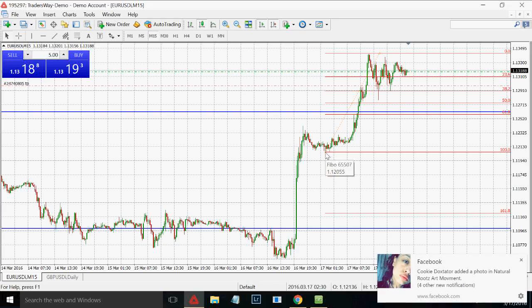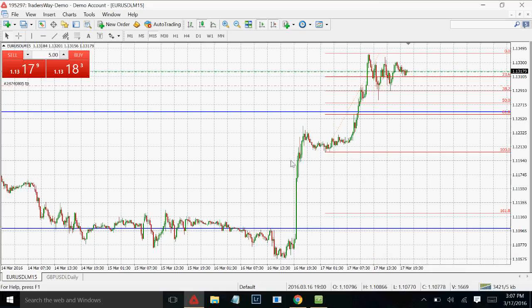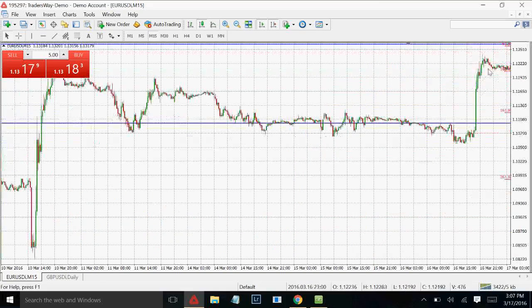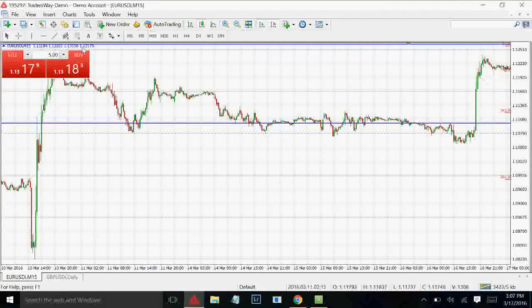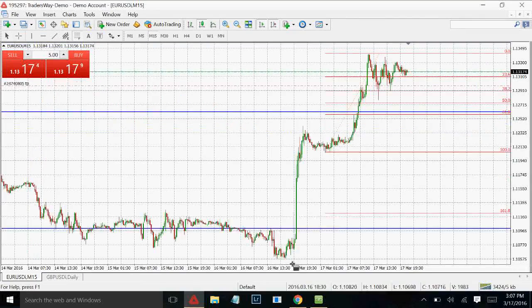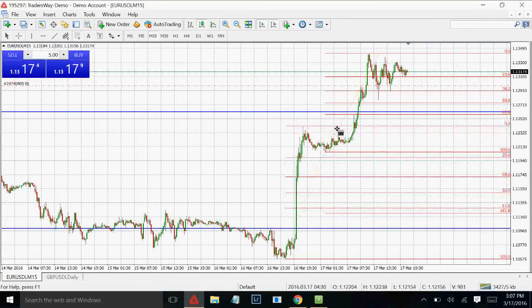Remember, drawing our extension from swing low to swing high. Basically, how you're going to use the Fibonacci is the last major push. The last major push. So let's say we got into the market when it was right here at this area. What we'd do is we'd take our Fibonacci and take it from the last low into the last major push.